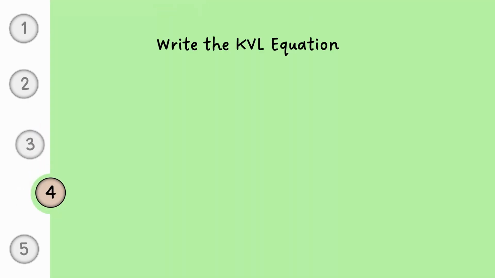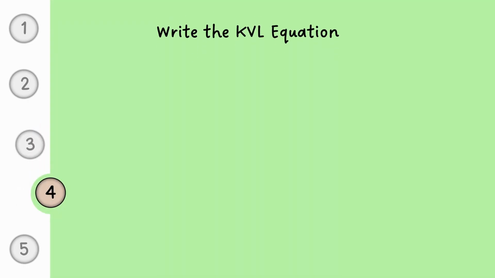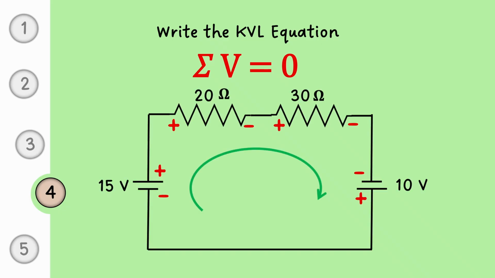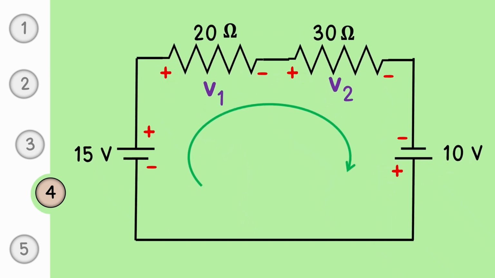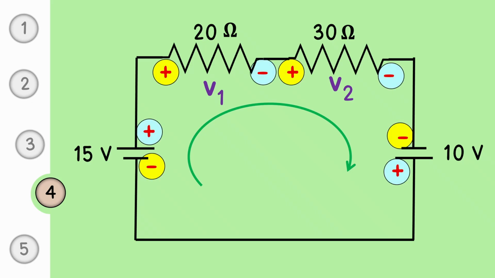Our 4th step is to write the KVL equation. According to KVL, the sum of all voltages in a closed loop is 0. Let's consider the voltage across the 20 ohm resistor as V1 and the voltage across the 30 ohm resistor as V2. In this circuit, each component has 2 signs, the starting sign and the ending sign.